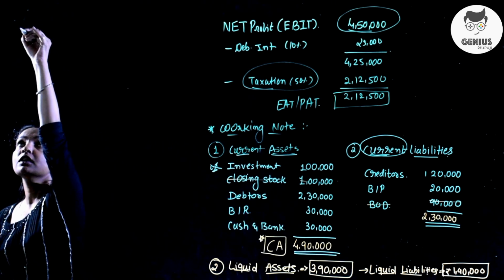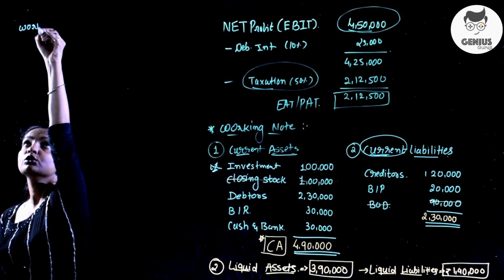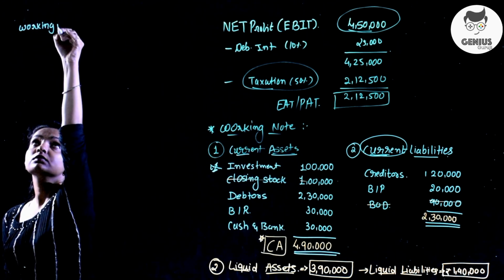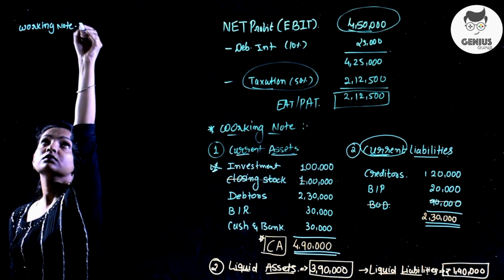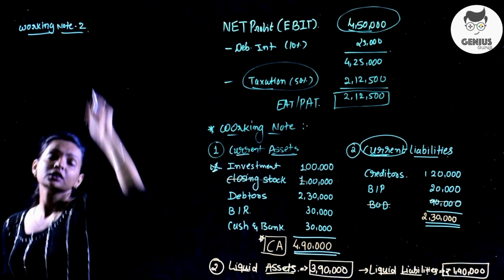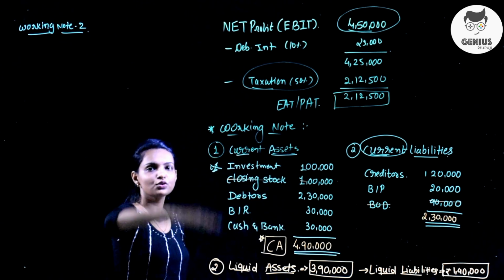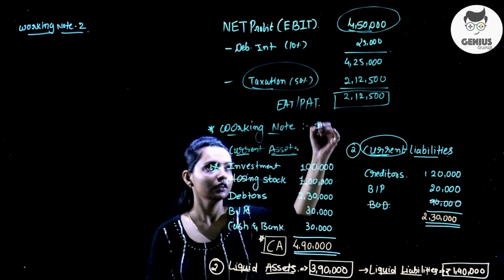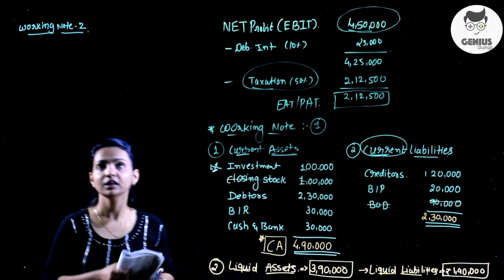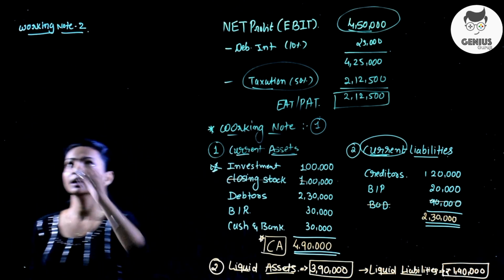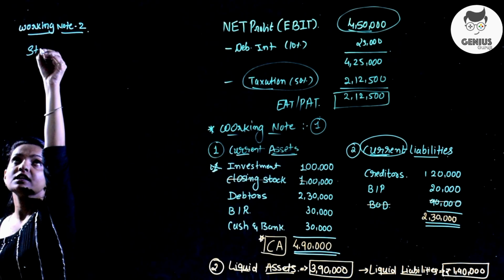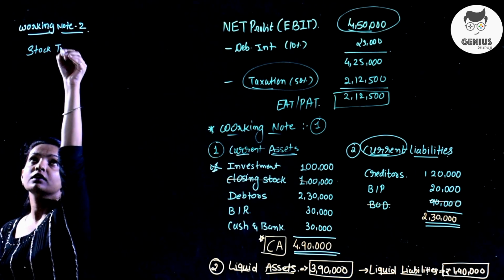Working note number 2. This is combined with working note number 1. Why? Because these two ratios are interrelated with each other. So it is a 1 and it's a second part of that. Now they are asking us stock turnover.